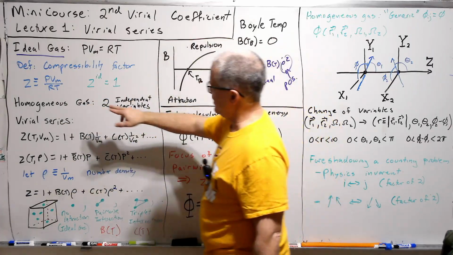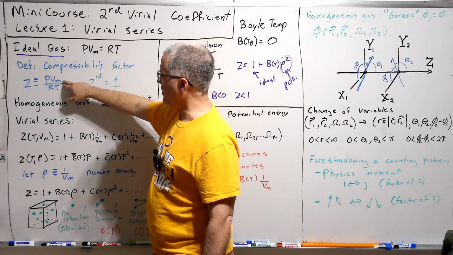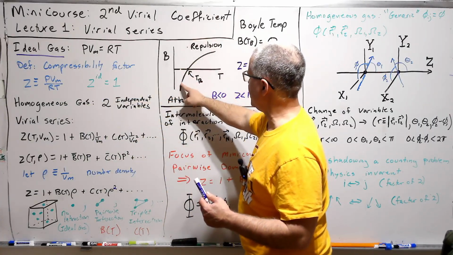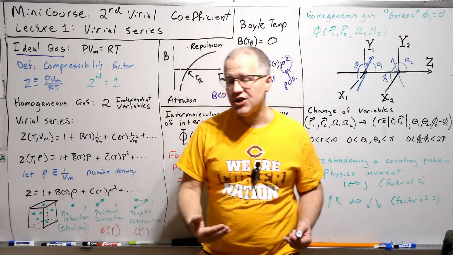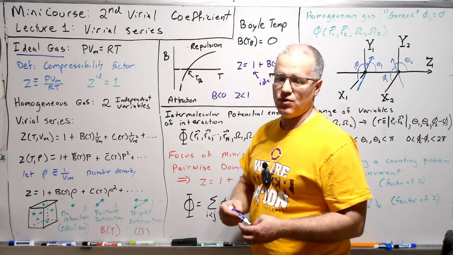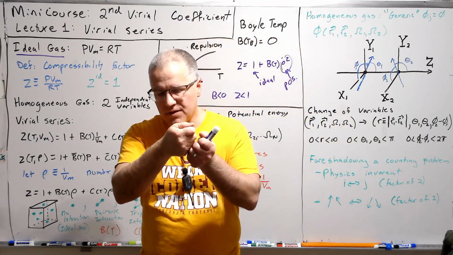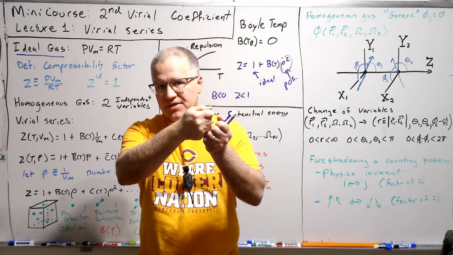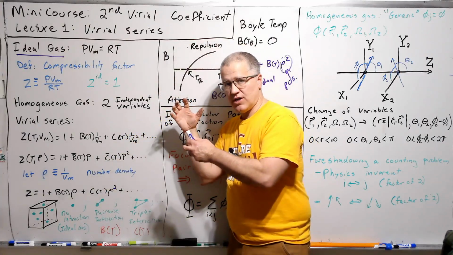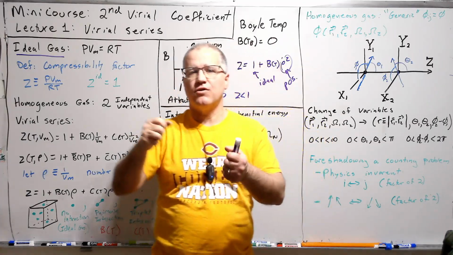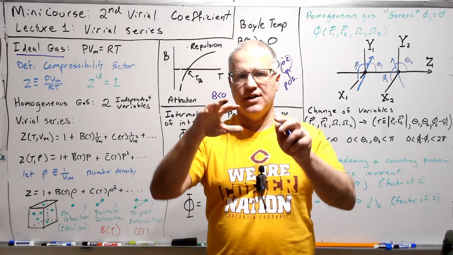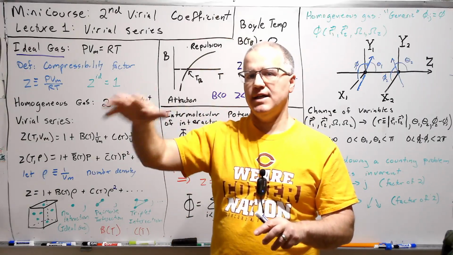Our variable is 1 over volume, and at a particular temperature that we've already frozen, if B is negative, then our pressure must be lower than what it is for an ideal gas. What does that mean? It means that the attraction amongst molecules is dominating, because what is pressure? Pressure is molecules hitting the wall. If there's a net attractive force, that's going to pull the punches a little bit on those molecules hitting the wall, and thus reduce the pressure compared to an ideal gas.